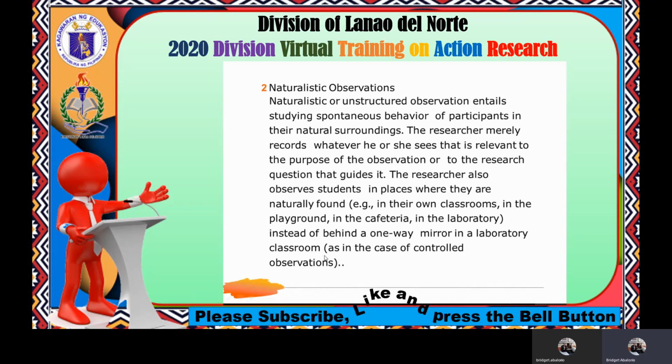Thus, this type of observation is not only functional in collecting data about an intervention implemented, but also in conducting preliminary investigation prior to the installation of an innovation. So, magamit nimo siya as preliminary investigation.